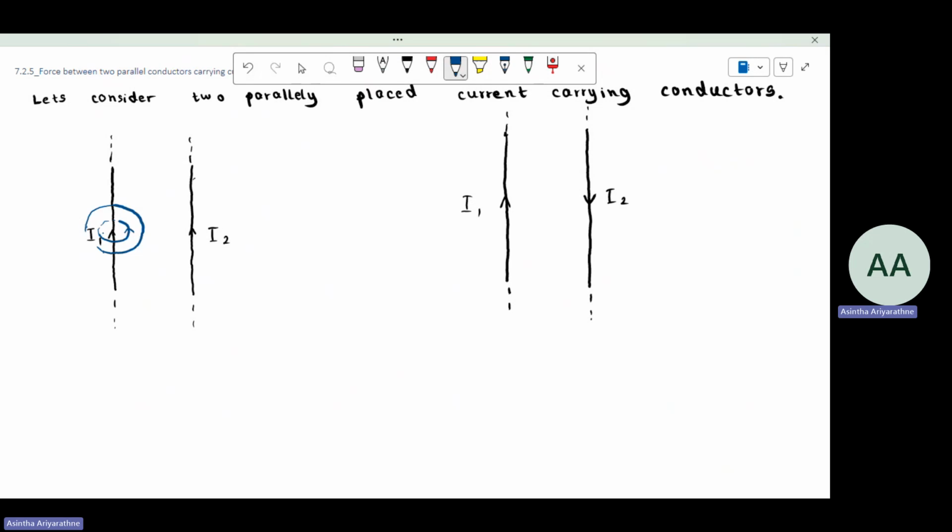And around the second current carrying conductor, there would form an anti-clockwise magnetic field around the conductor.